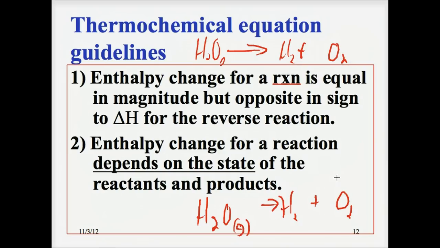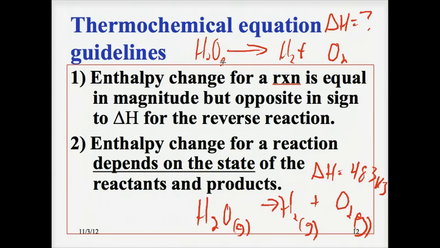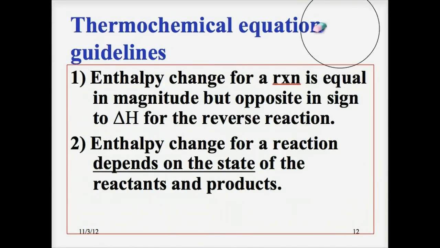And I believe the last one was with the gases, so this would be the 483 kilojoules. This delta H, I would actually have to look up, because doing it in a different phase changes everything. The state of the reactants and products is very important.